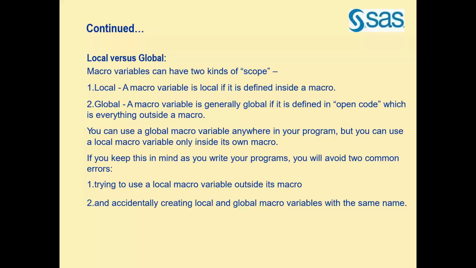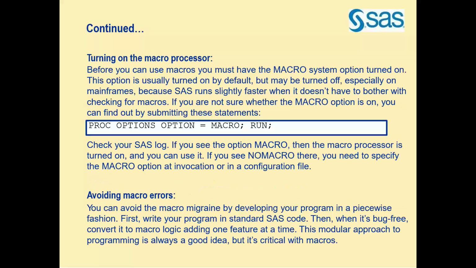If you keep this in mind, you will avoid two common errors. One is using a local macro variable outside its macro, and the other is accidentally creating local and global macro variables with the same name. So these are two things which you can avoid by knowing this fact.